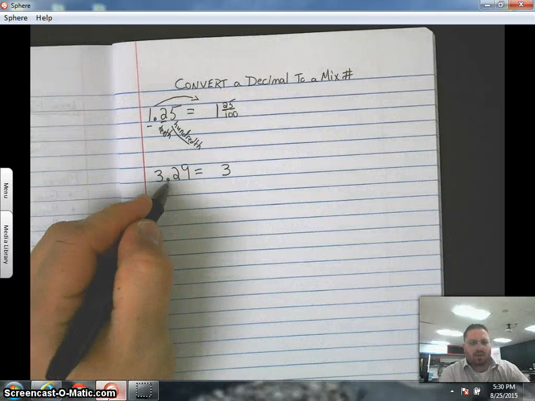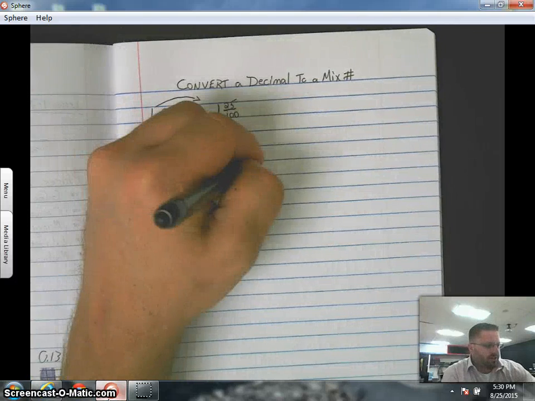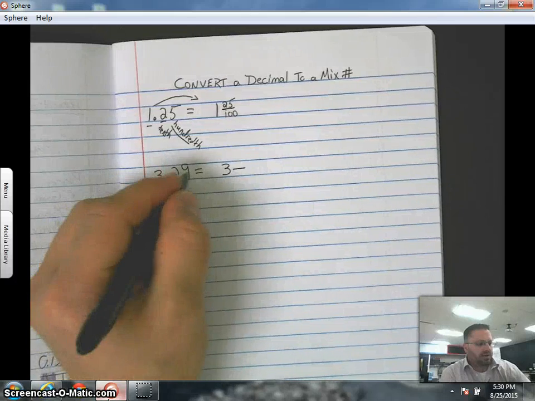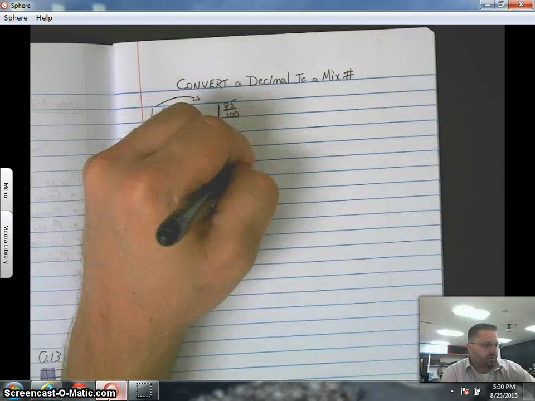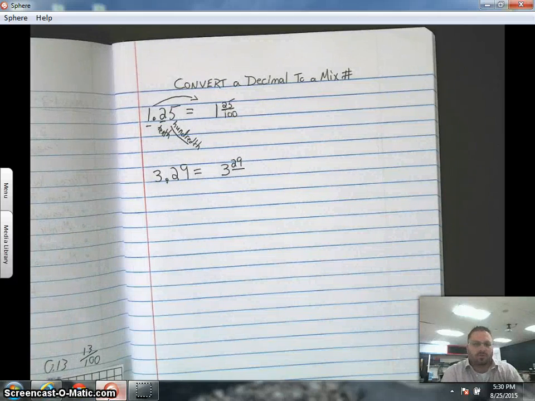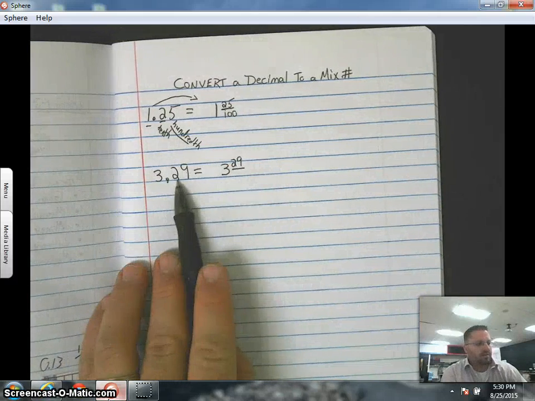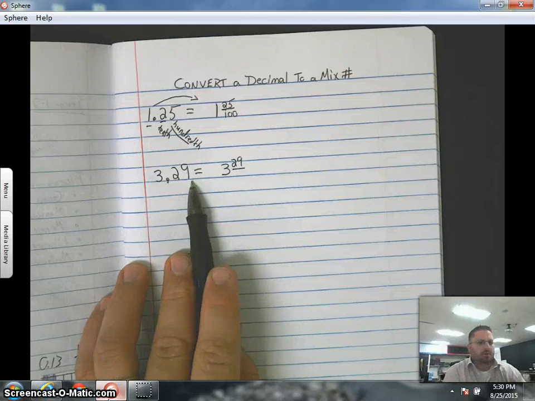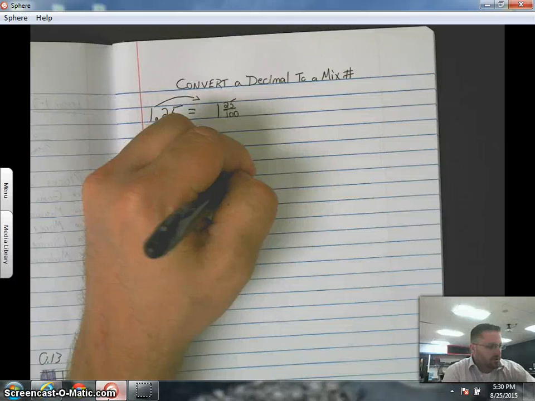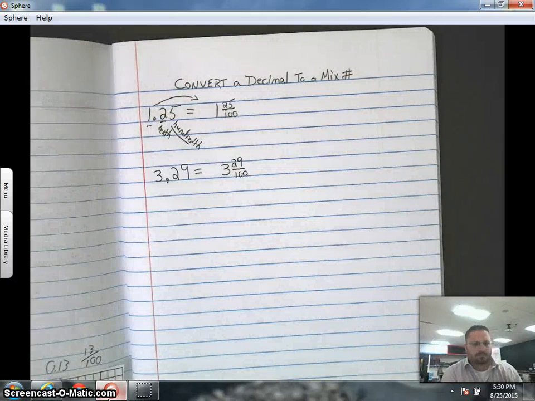The decimal and means fraction. 29 is my numerator. And then I have to think of my place value for my denominator. 10th, hundredth. Hundredth, just like the previous question, it is over 100. Hope you got that one right.